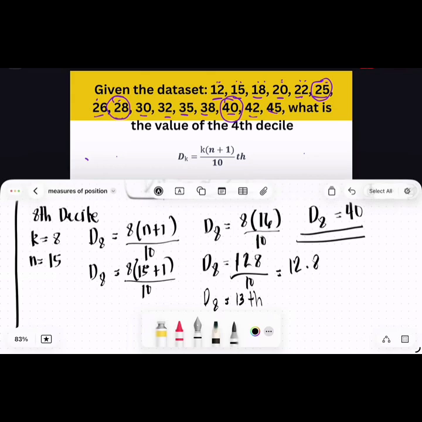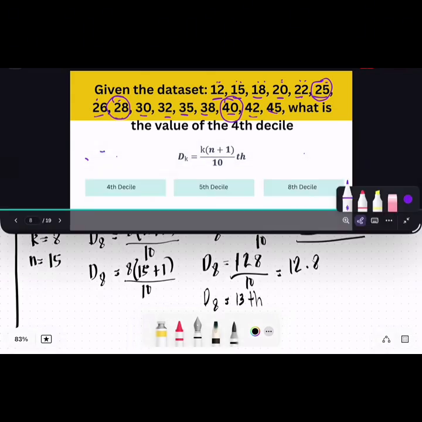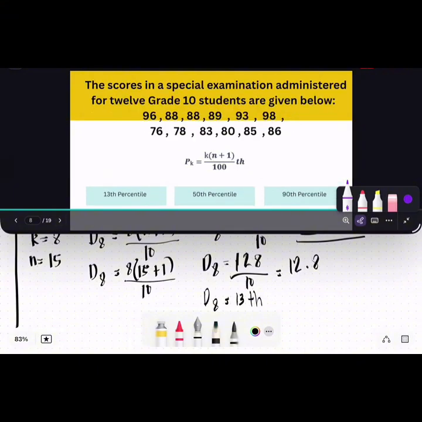Now, let's proceed with our percentile. So, when we say percentile, we have the given scores in a special examination administered to 12 grade 10 students. And the scores are given below: 96, 88, 88, 89, 93, 98, 76, 78, 83, 80, 85, 86.